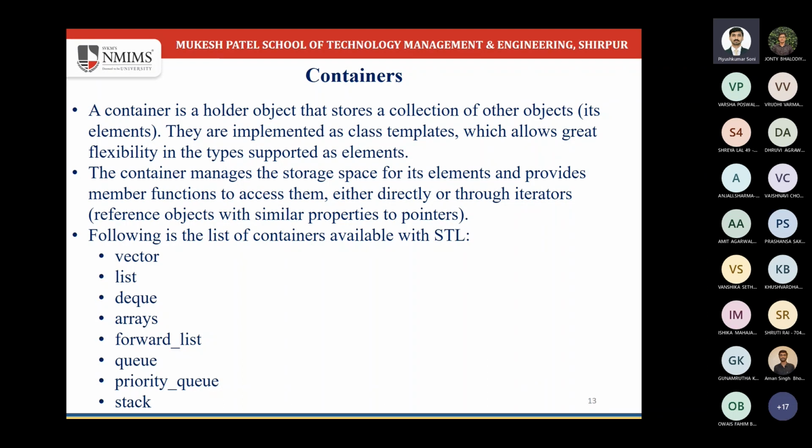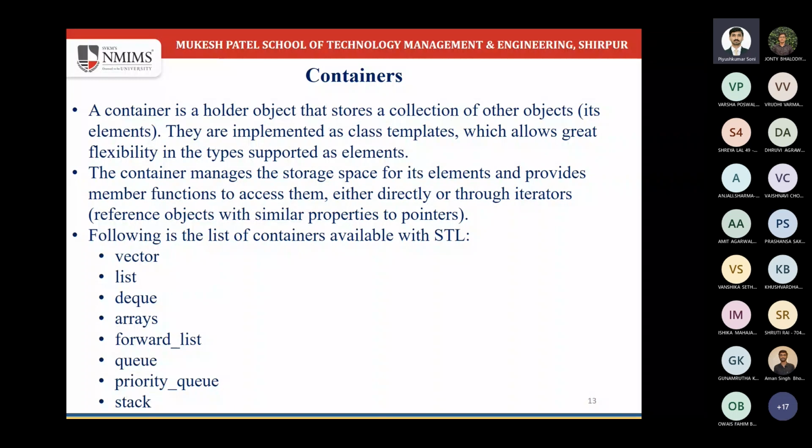Those basic data structures that we discussed in yesterday's session are all implemented as containers in STL, and you can find this list of containers available with STL. These are vector, which is generally similar to arrays; list is for linked list; we know what we mean by double-ended queue and arrays.